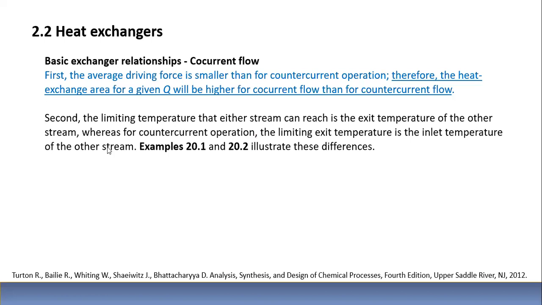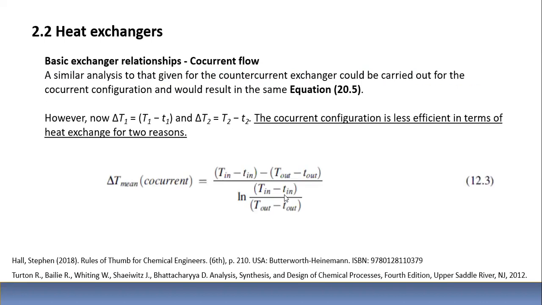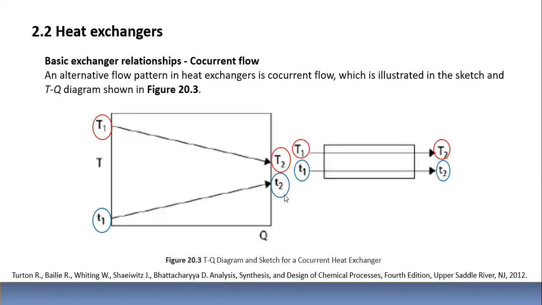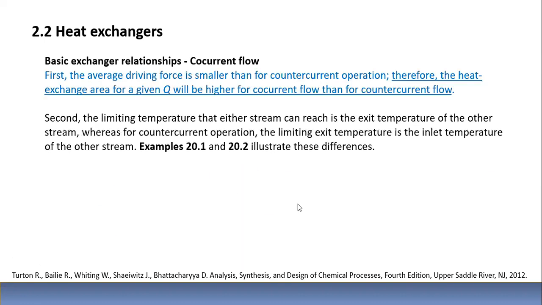It says also, second, the limiting temperature that either stream can reach is the exit temperature of the other stream. Whereas for countercurrent operation, the limiting exit temperature is the inlet temperature of the other stream. So the limiting temperature here will be the exit temperature of this stream.